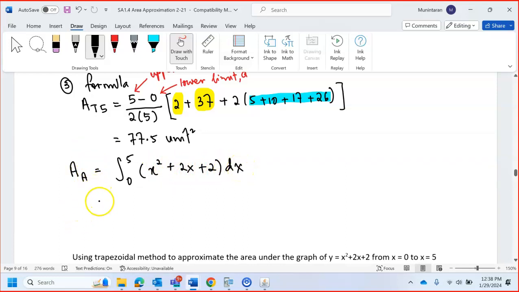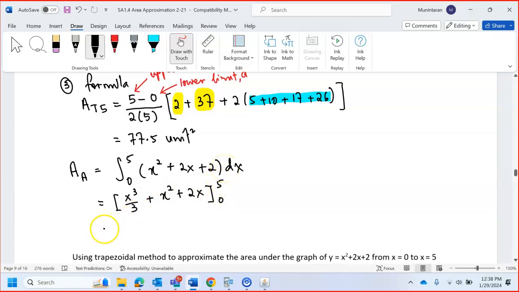Integrating this would give you x cubed over 3 plus 2x squared over 2 plus 2x, from 0 to 5.